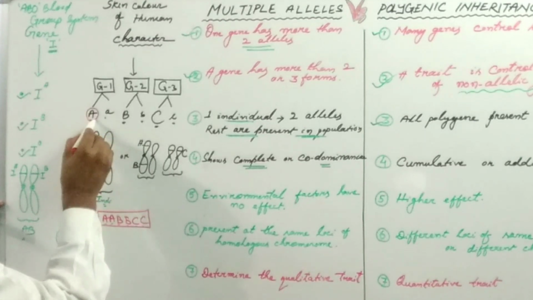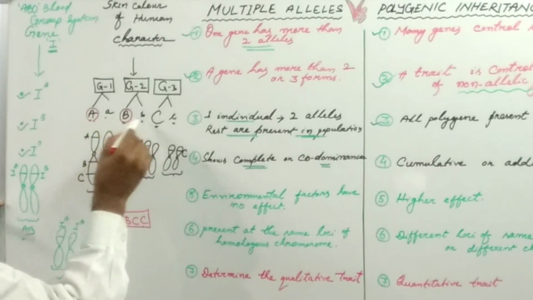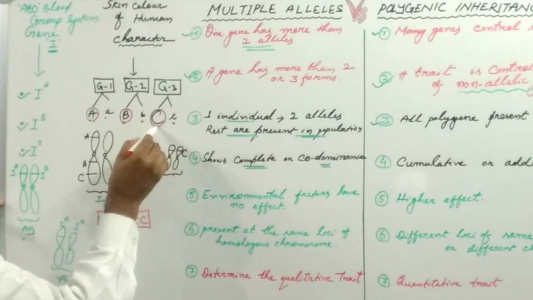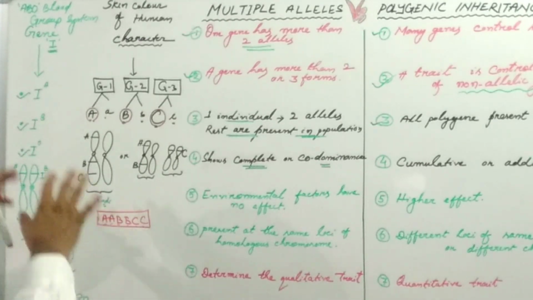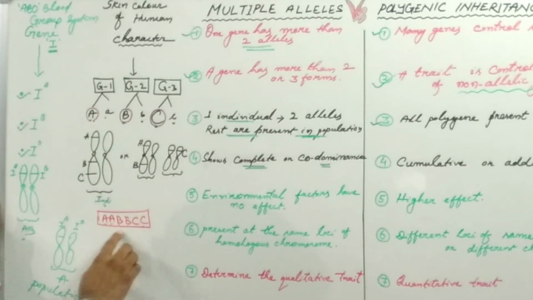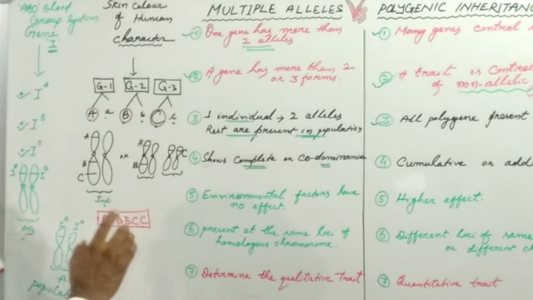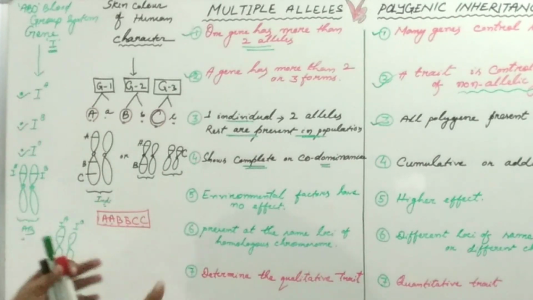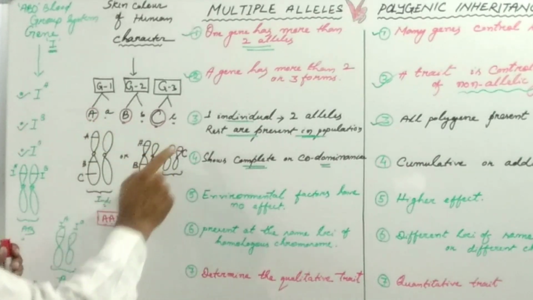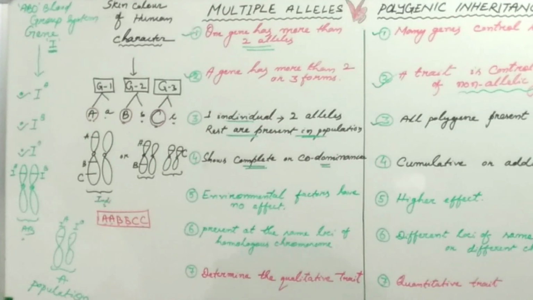So these are the additive genes. Each additive gene has a single dose of intensity of expression of phenotypes. If more number of additive genes are present, then the effect will be more intensive than in individuals containing fewer additive genes.